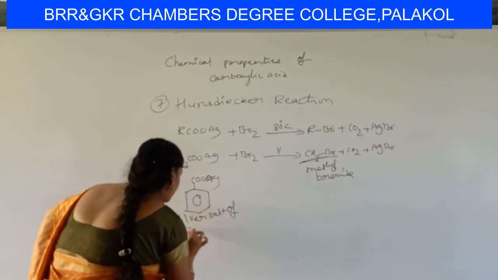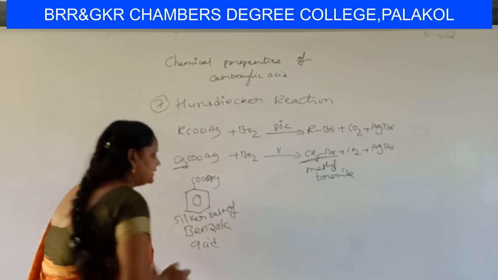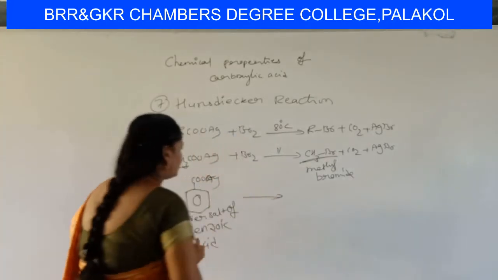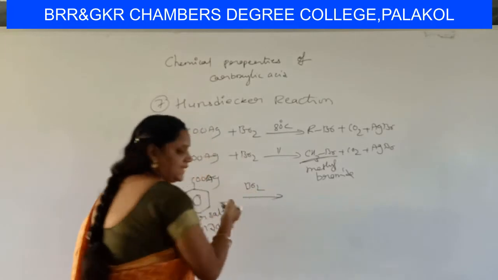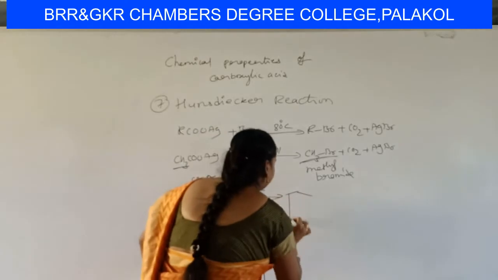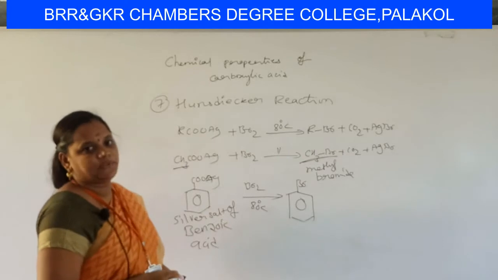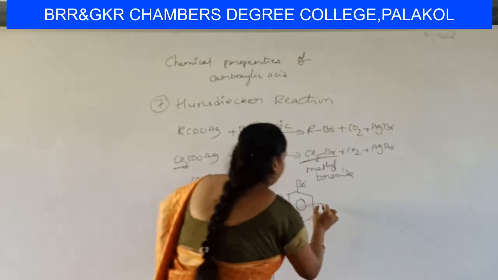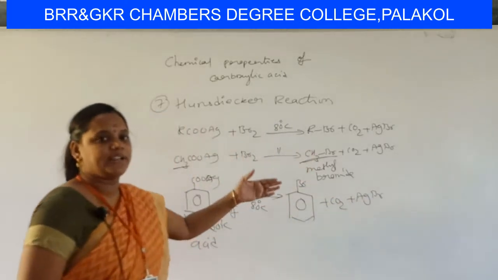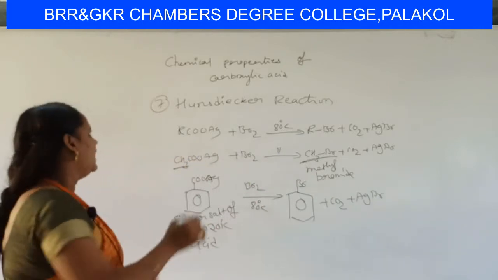Silver salt of benzoic acid is treated with bromine, same at 80 degrees C temperature. You will get bromobenzene plus CO2 plus AgBr. The byproducts are the same as in the case of aliphatic carboxylic acids.